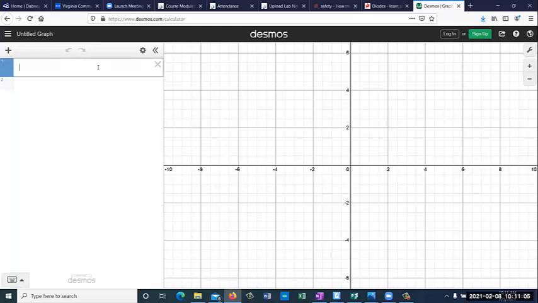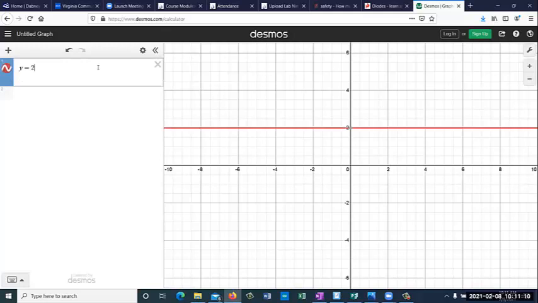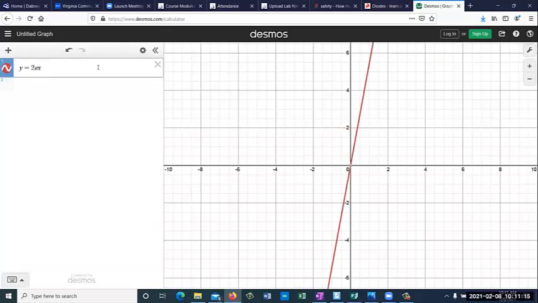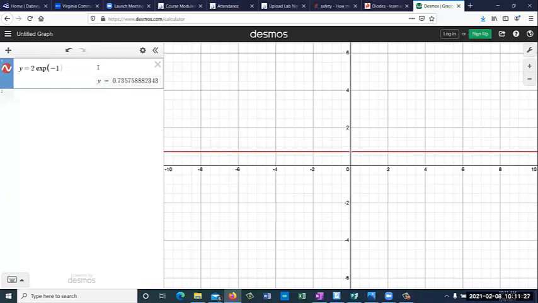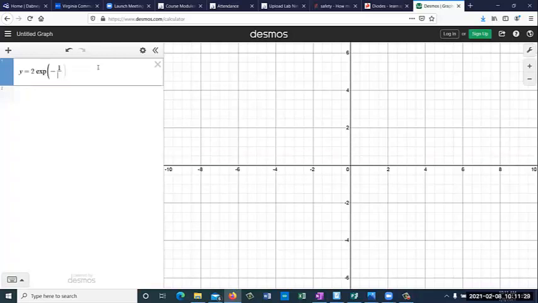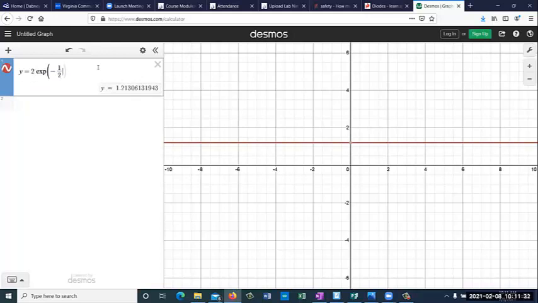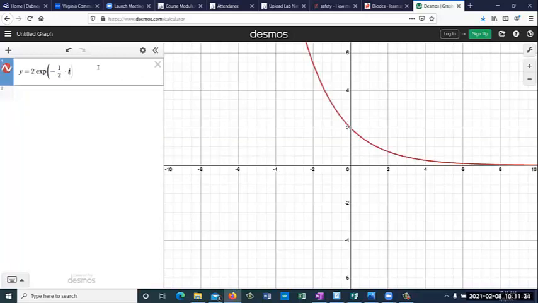But okay, so what we have is y equals, let's say 2, so that's the constant in front, 2 volts, e to the negative, and we're just going to put 1/2 times t, like that. So it's an exponential decay.